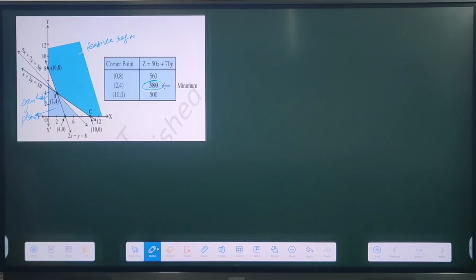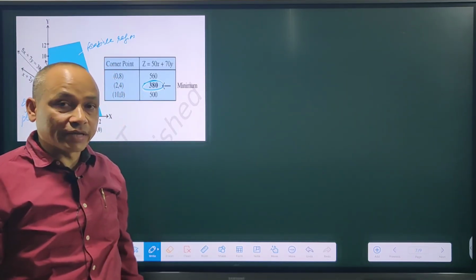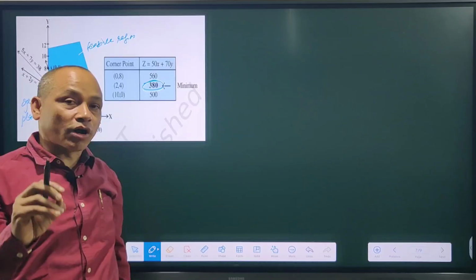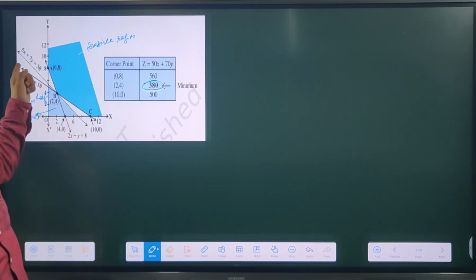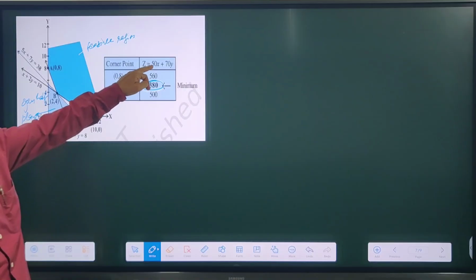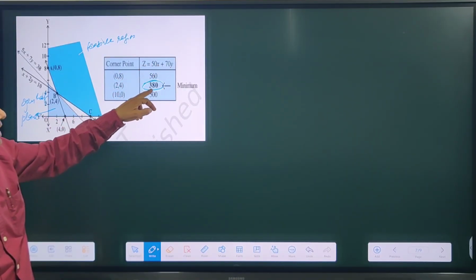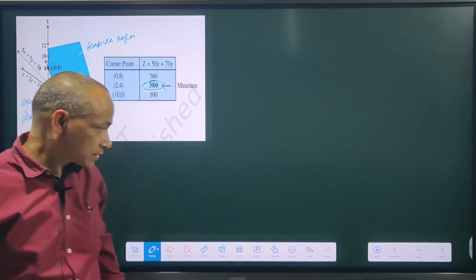So these two questions were of the type where the feasible region is unbounded, and in questions involving unbounded regions we have to draw this dotted line which is represented by 50x plus 70y less than 380, and the solution we already have discussed.